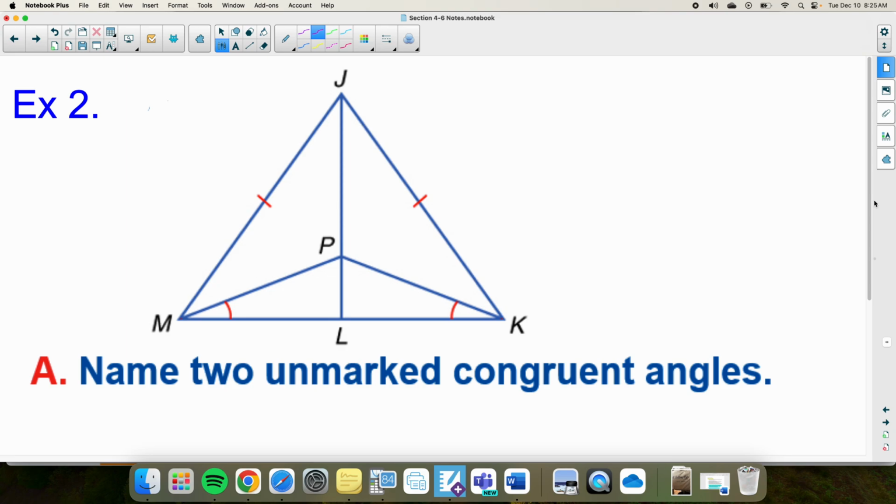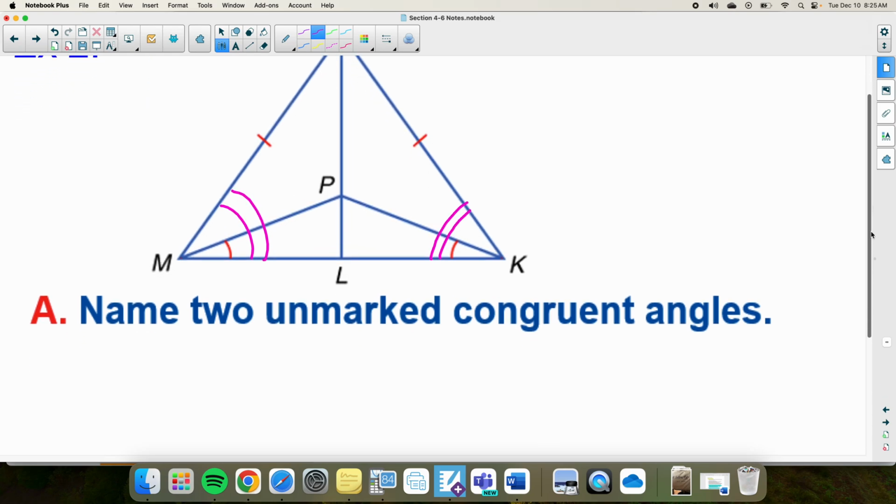Then what we could do is say that the whole angle here is congruent to the whole angle here. So the angles that are across from those two would be congruent. If they're looking for angles, look for two sides that are congruent and go opposite that.